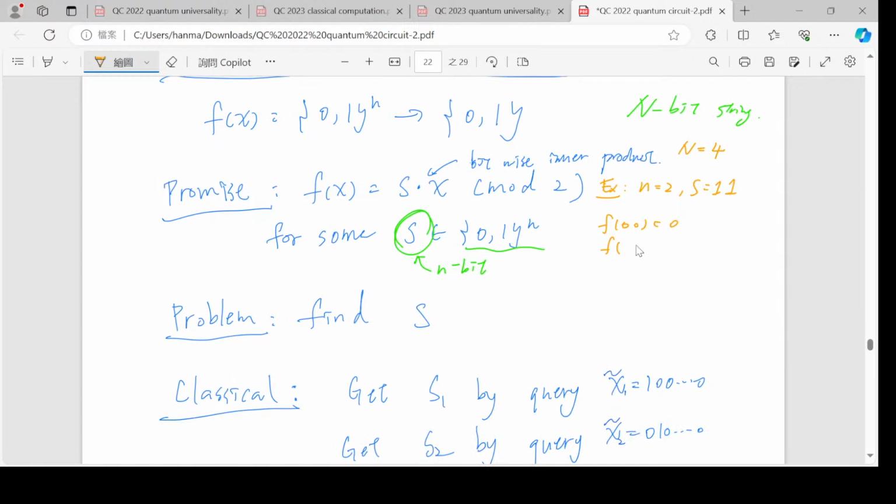And f of 0, 1 equals the inner product of 0, 1 with 1, 1, which is 1, and it's mod 2. And f of 1, 0 is 1 dot 1, so that's 1.